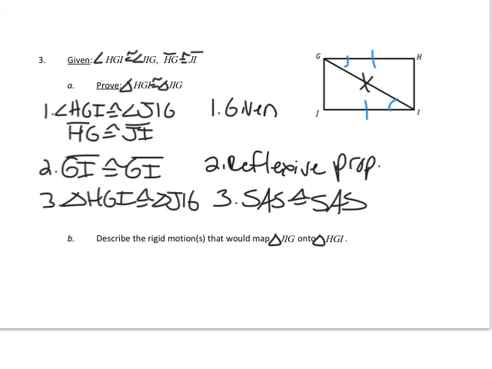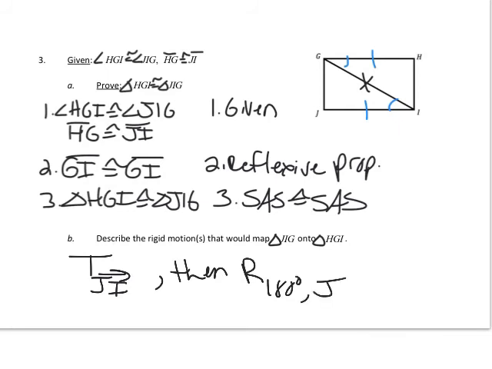So I could look at a translation of JI, and that's going to map J to I. Then a rotation of 180 degrees about point J, and that will map the one onto the other.